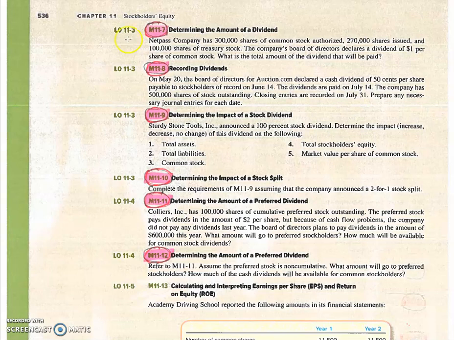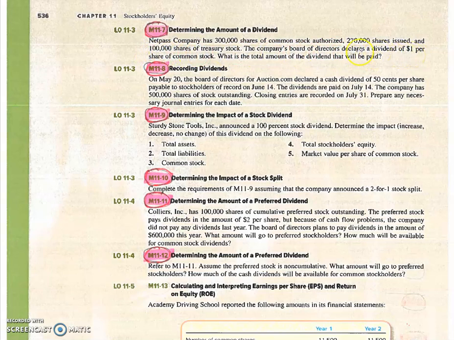So we have 270,000 shares issued, but 100,000 of those shares are in the treasury. So 270,000 minus 100,000 is 170,000 shares outstanding. Those are the shares that will be paid the dividend.